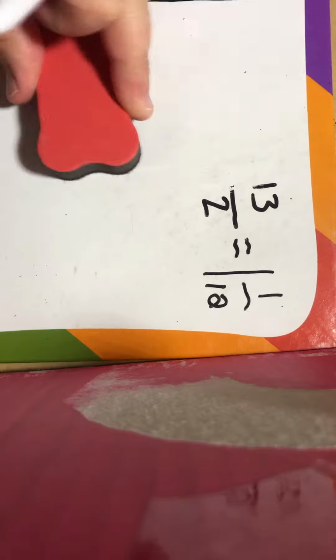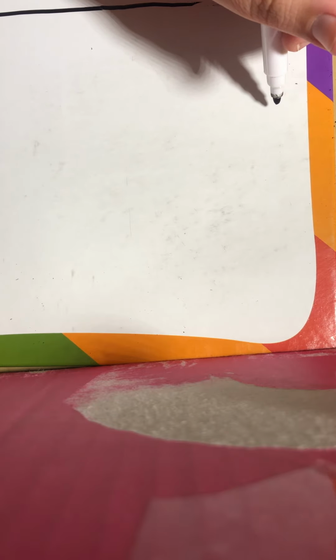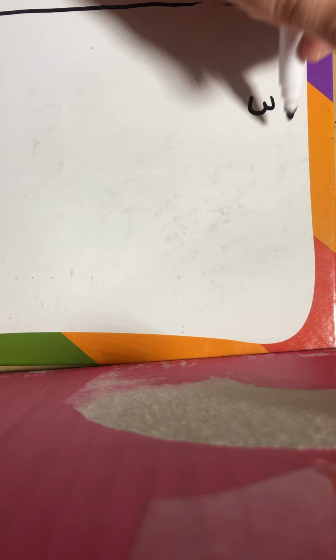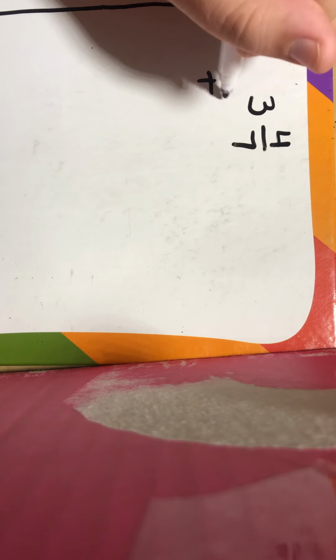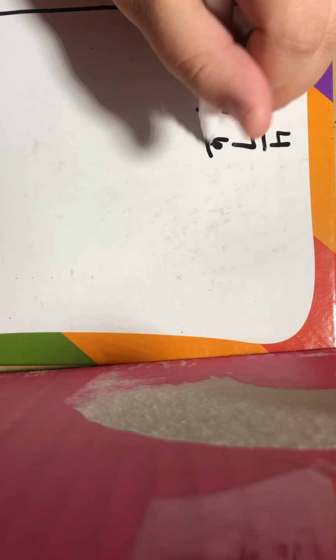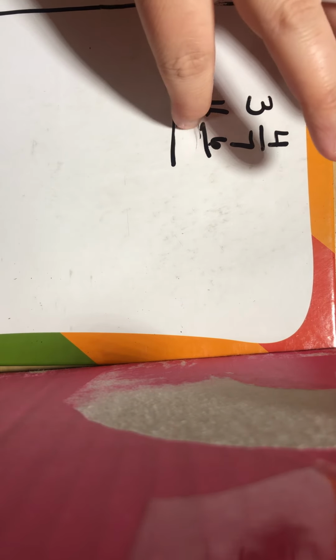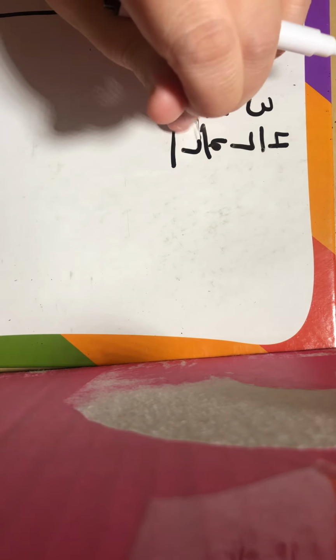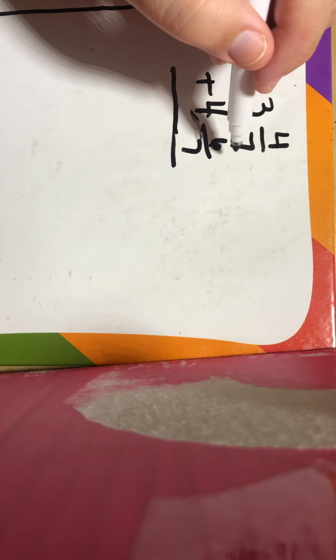Now let's try one more addition problem. We'll do 3 and 4/7 plus 4 and 6/7. And again, we'll add our numerators here.